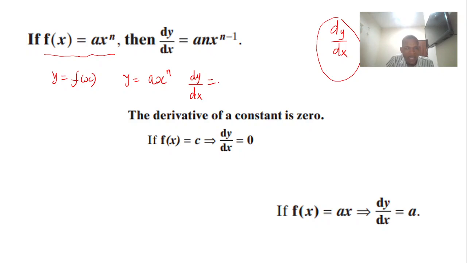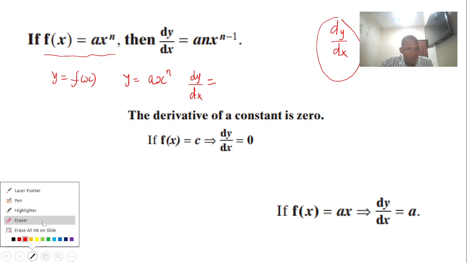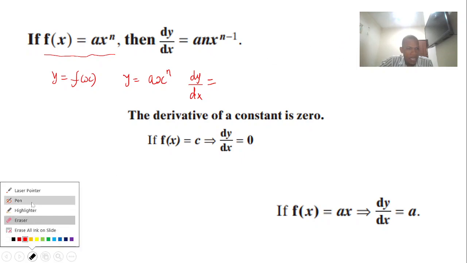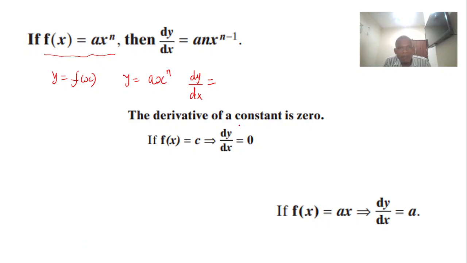Now how do I find it? Now you are going to move. Now the law says you are going to move the power. Okay, so the power there is letter n. So you move that power to become a multiplier. So this n now comes to the front. Okay, that n is actually multiplying the whole thing. So I have n times a x.